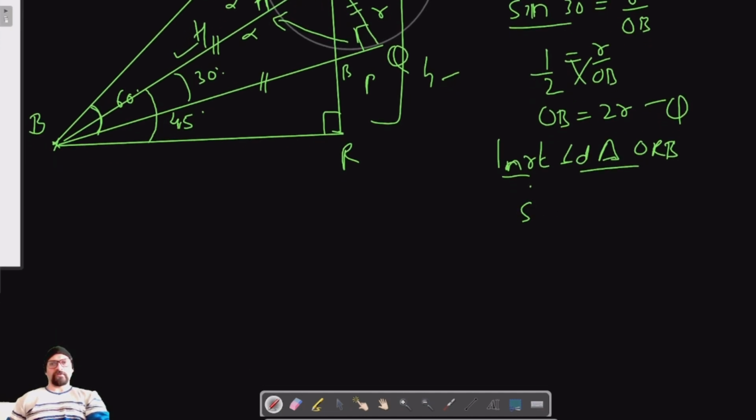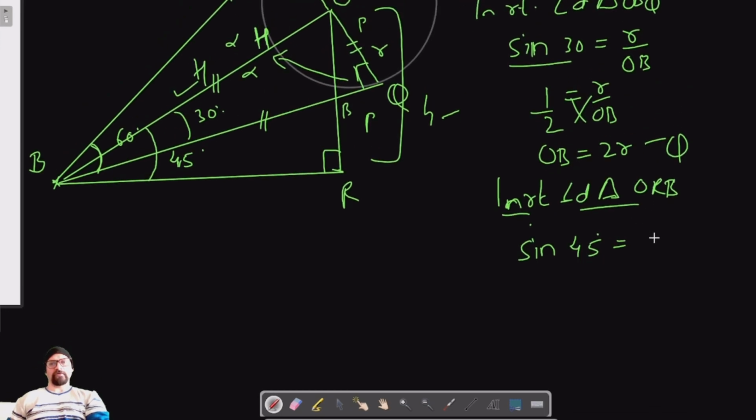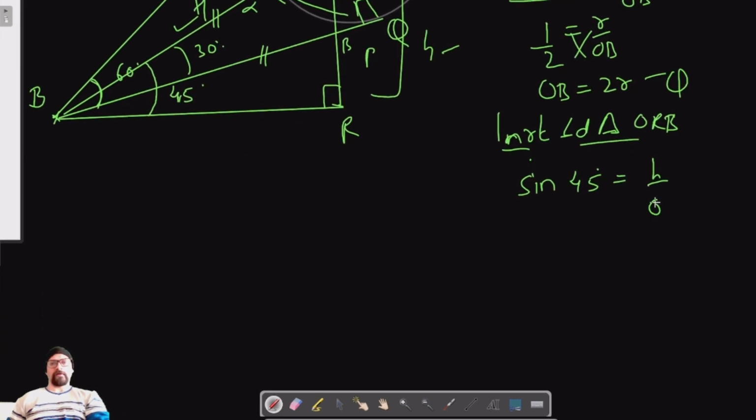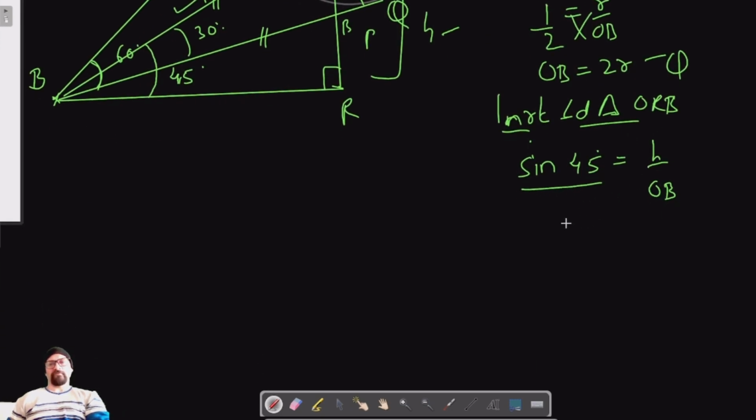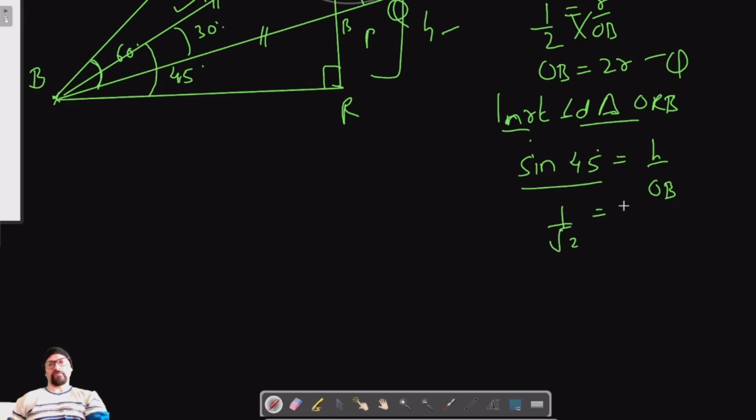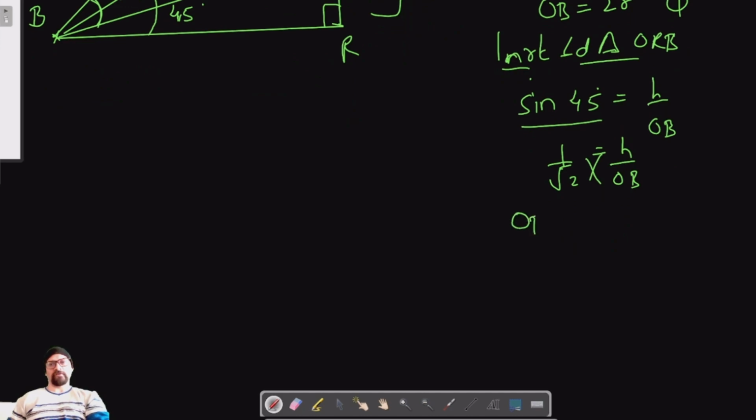So I'm going to use once again sine 45 degree, which is equal to H by OB, and sine 45 degree is 1 by root 2. This is H upon OB. If we cross multiply this, this gives me OB is equal to H into root 2. Let's say this is equation 2.